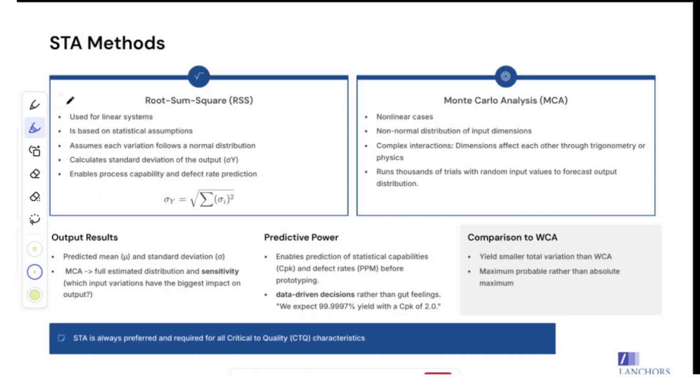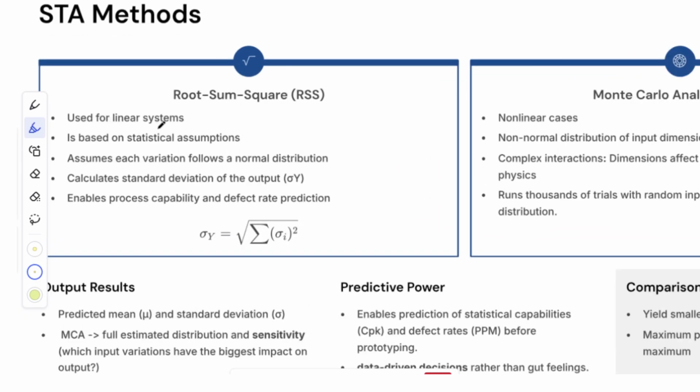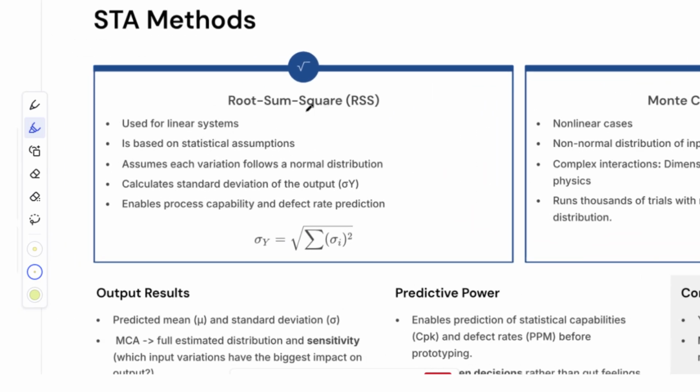There are two key methods within the statistical method. One is RSS, root sum square method, and the other one is Monte Carlo analysis. The RSS method is used for linear systems as the worst case method. Like the Clevis example we previously solved using the worst case method.